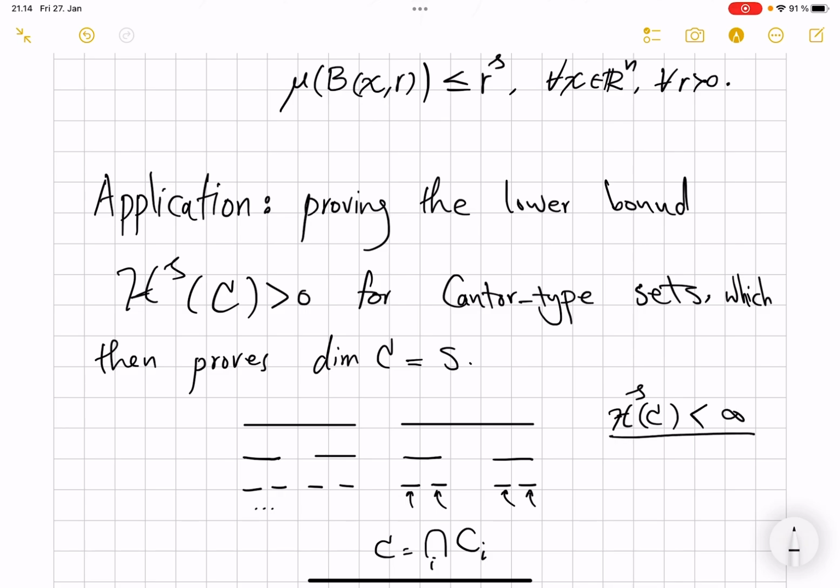So you usually establish this very easily just by definition, using the very sets that are used in the construction to give this upper bound, from which it follows that the dimension of the Cantor set is at most S. And S is something that we guess, maybe by just counting or a little bit of cheating using other notions of dimension.